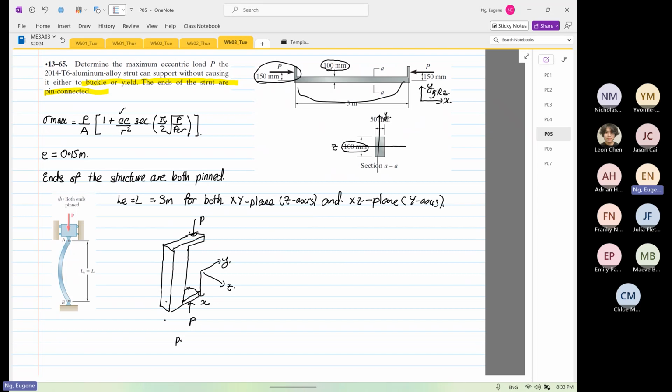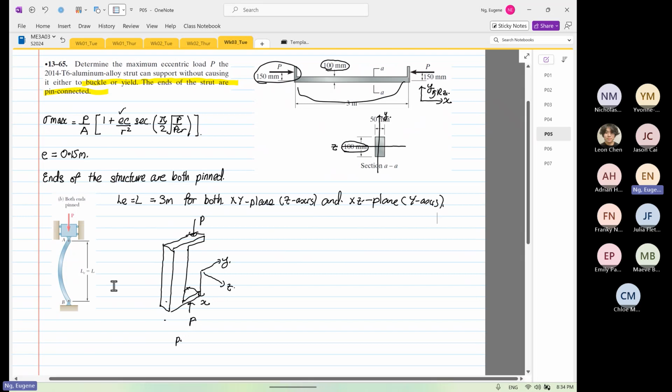But we don't know which plane is more critical, or which is the weaker plane, right? That's where it's critical to know your axis. So by looking at the cross section, let me do something simple. Let's do both, then we compare.